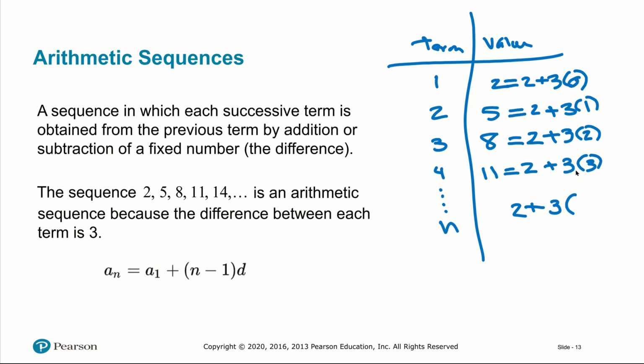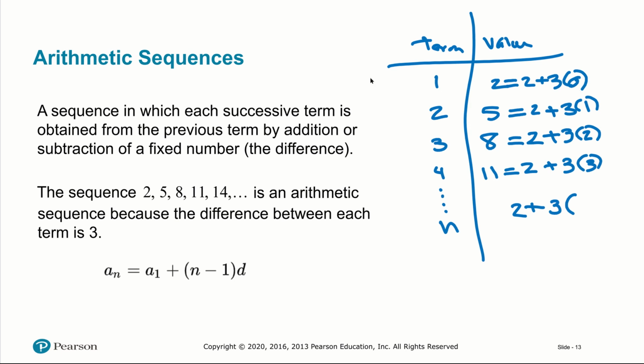Notice that for the fourth term we need to multiply by 3, so that's 1 less than 4. For the third term we need to multiply the common difference by 2, which is again 1 less than the term number. And notice that also works with the second term and the first term.